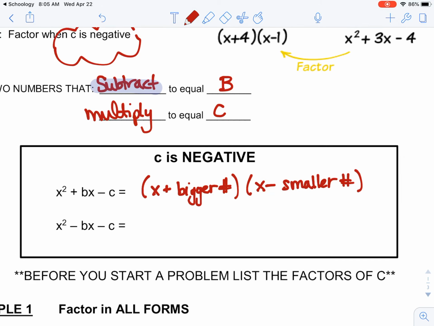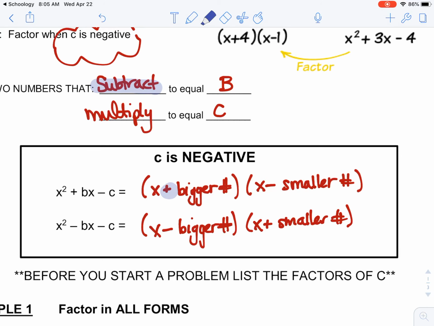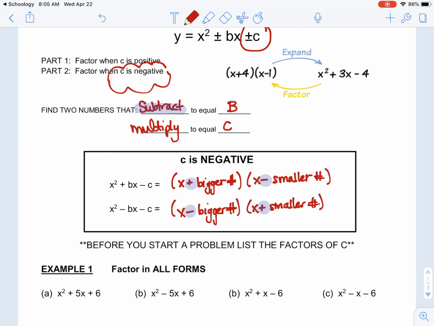And if we have x squared minus bx minus c, we are going to have x minus the bigger number times x plus the smaller number. So when we look at this, we are going to note that we are going to have one parentheses with a positive plus one with a negative for both those situations. So let's do the examples.